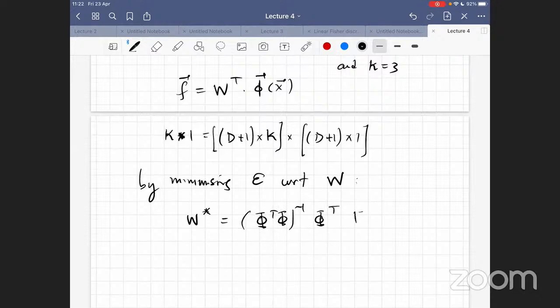That's why I'm not insisting here. The only difference is that here, instead of being y, since I have a classification for every point in the 1 to k scheme, I have k outputs.